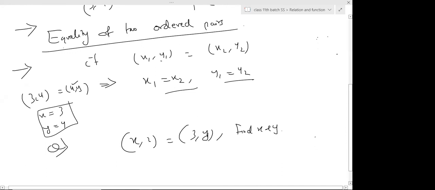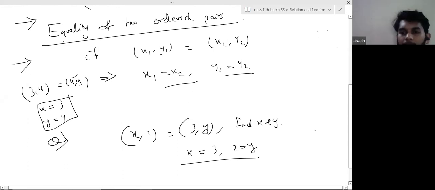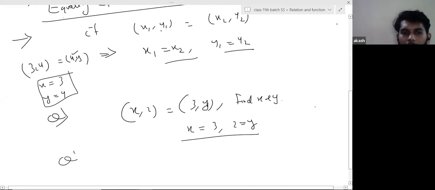So x is 3 and y is 2. Absolutely right. Very easy question. Let's solve another one.